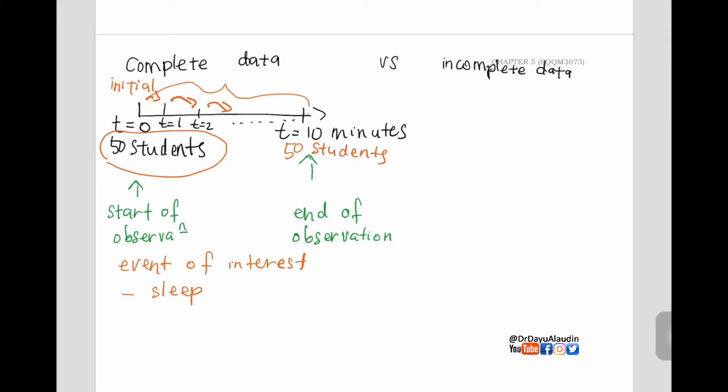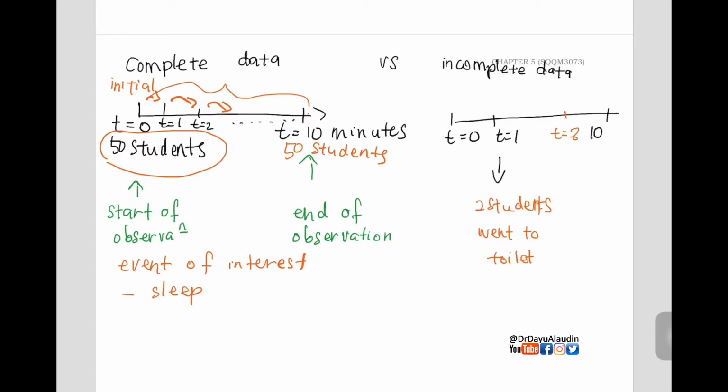Okay, so for incomplete data, we take the same example. Within the 10 minutes, t until 10, maybe at t equal to 1, 2 students go to the toilet and leave the class. At t equal to 8, for example, 4 students went back to the hostel because the class is too boring.